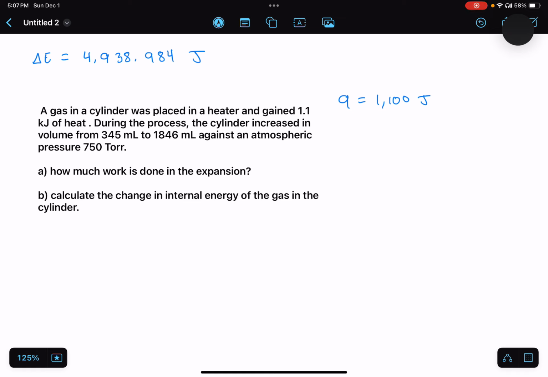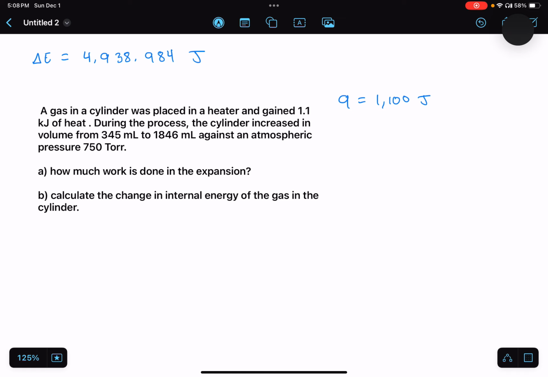So two things we have to change. For W, the first thing they're asking for, we need to change those milliliters to liters, and those torr to atmospheres.